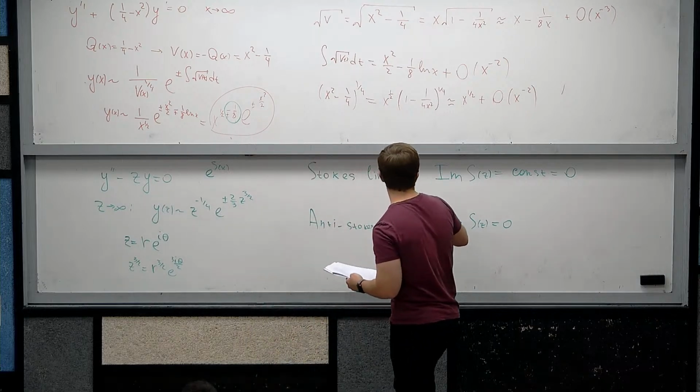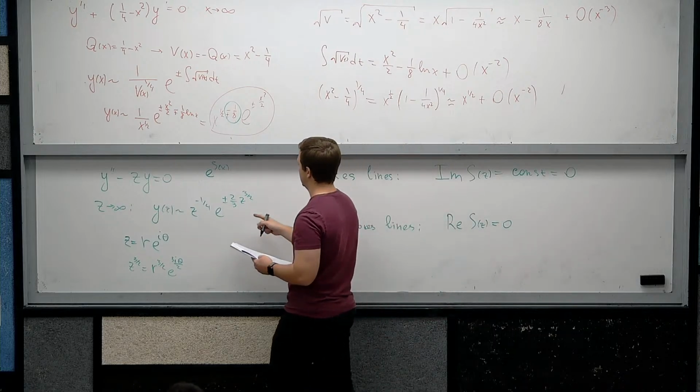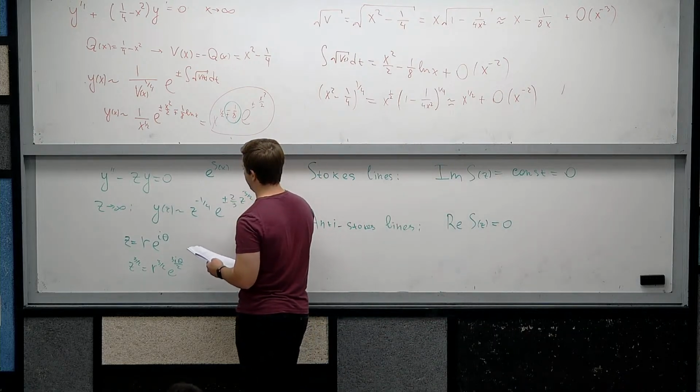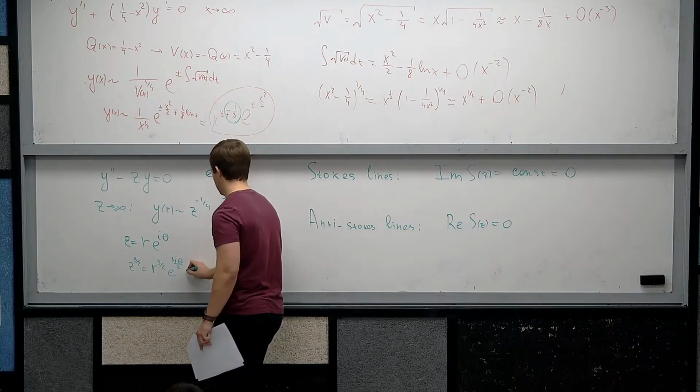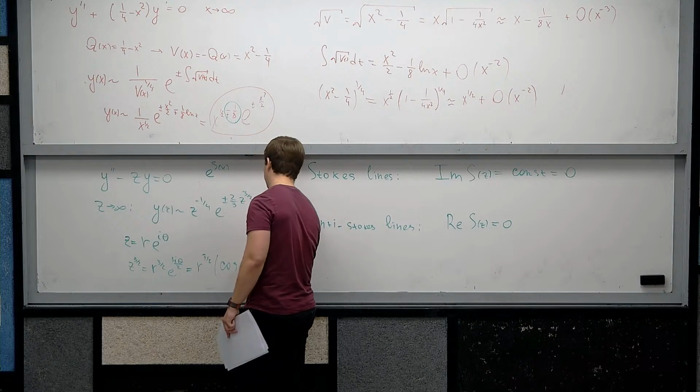Okay, so let's calculate the Stokes lines. For the Stokes lines, the imaginary part of this should be 0, right? So as you remember, we can also write it in this way.